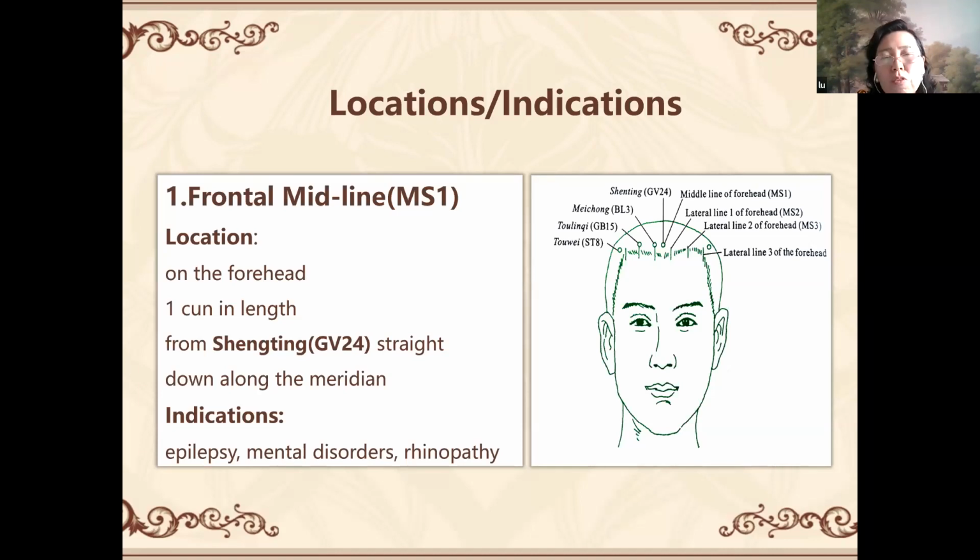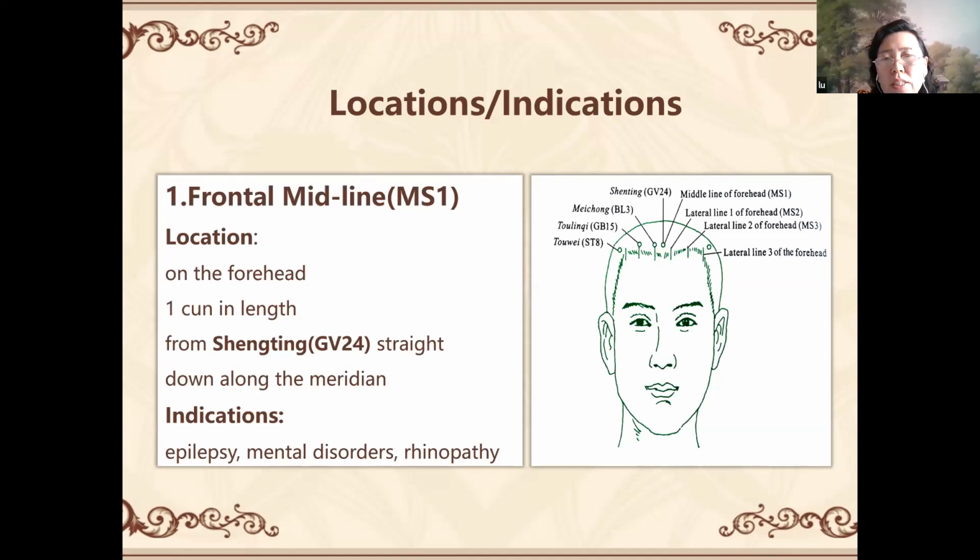So we are now following this standard location and indication in this way. The first line, I would like to introduce the MS1. MS1 is the frontal midline. From the picture, we can see it's on the forehead, 1 cun in length.